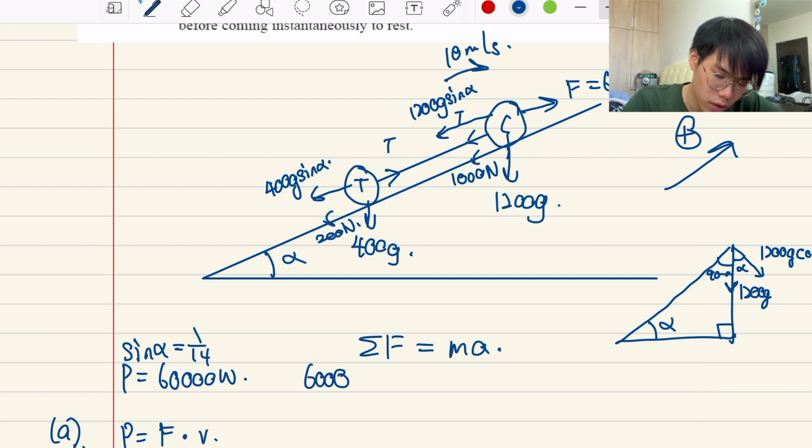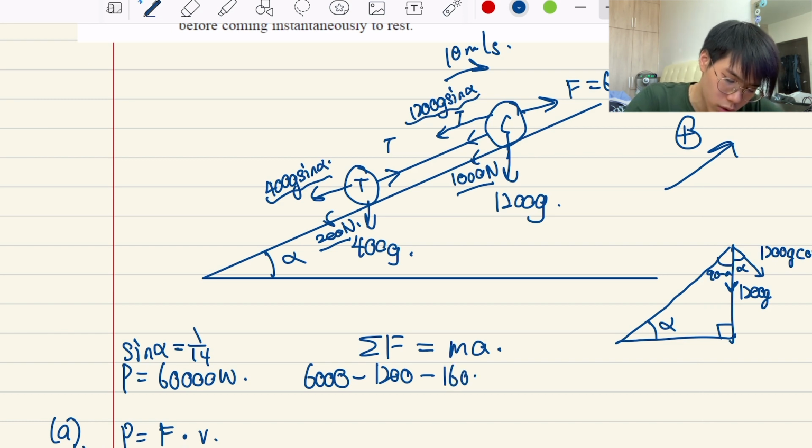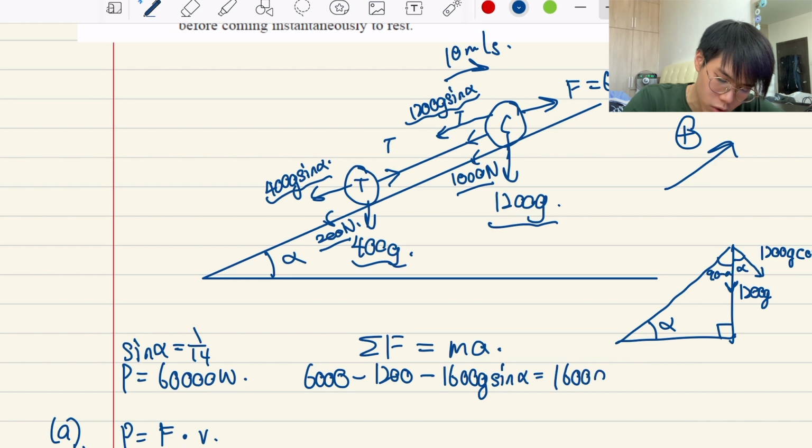Next is the friction, which is 1,000 plus 200 is 1,200, minus 400g plus 1,200g, which is 1600g sine alpha, equals the total mass, 1600a.